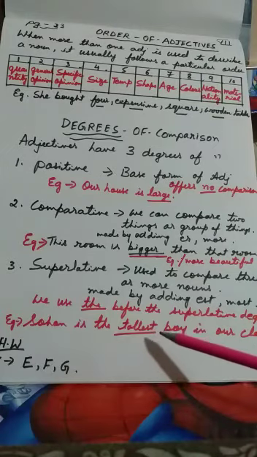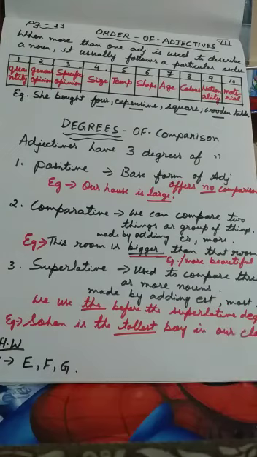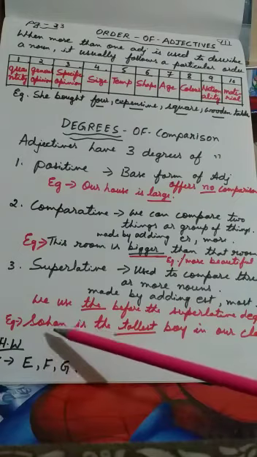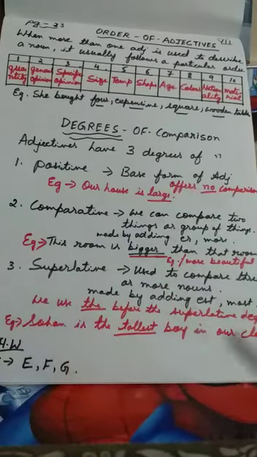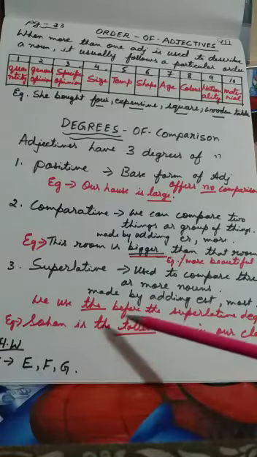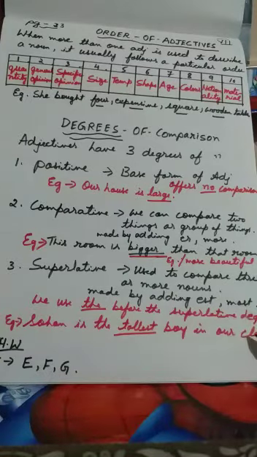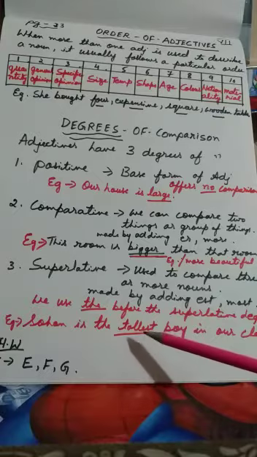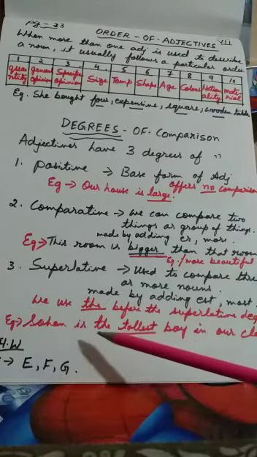Here we are comparing Sohan among all the students, all the boys in the class. So Sohan is the tallest of all the students in our class. Here tallest is used in this sentence.